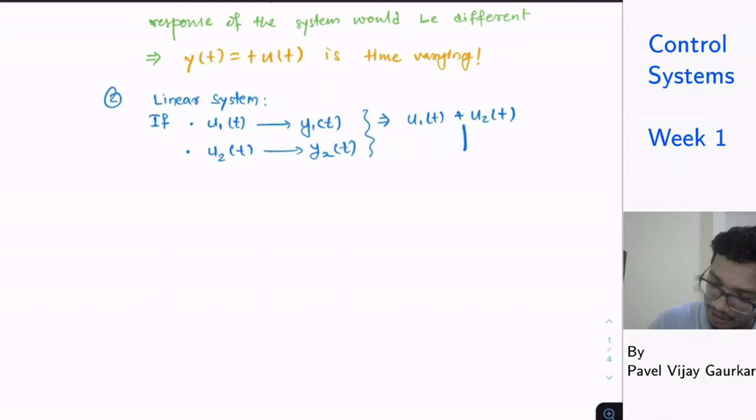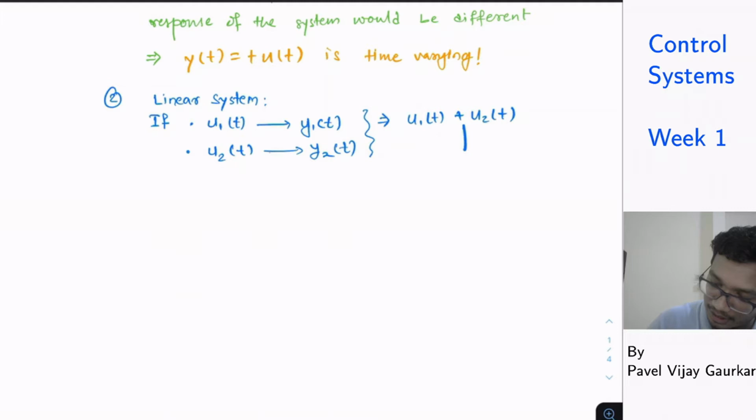So let us check for our system. Both these conditions we can combine as A into u1 of t plus B into u2 of t as an input. Let's give this input and see what the output comes out to be.